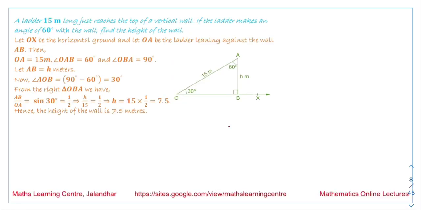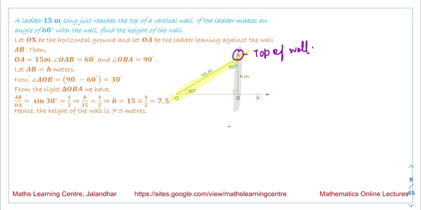In this question, it is given that a ladder 15 meter long just reaches the top of a vertical wall. So suppose this is the wall AB that is given to us, and the ladder OA just reaches the top of the wall. This point A is the top of the wall.